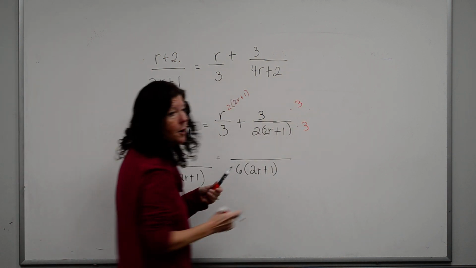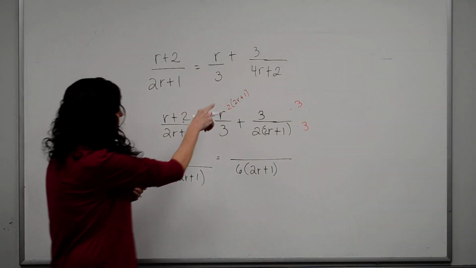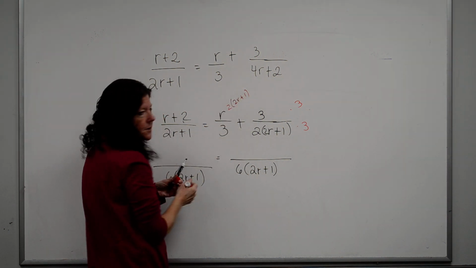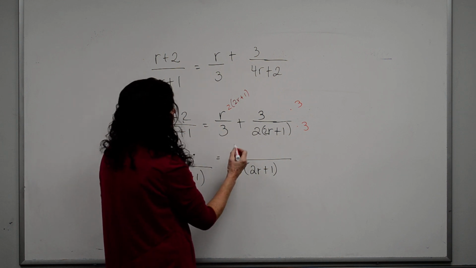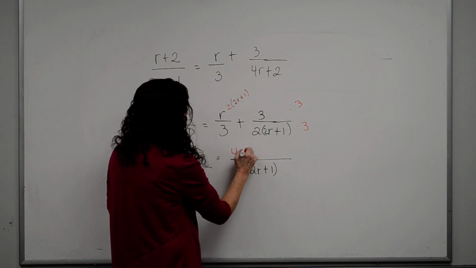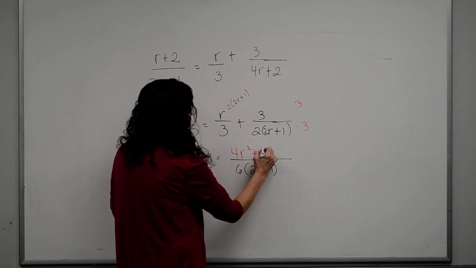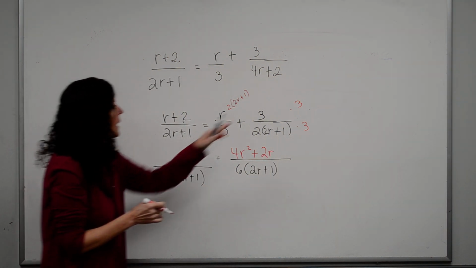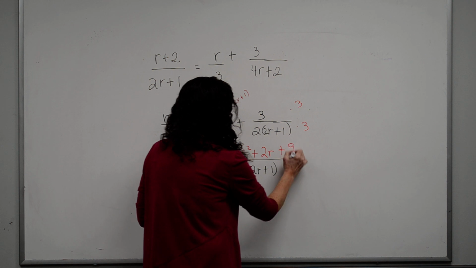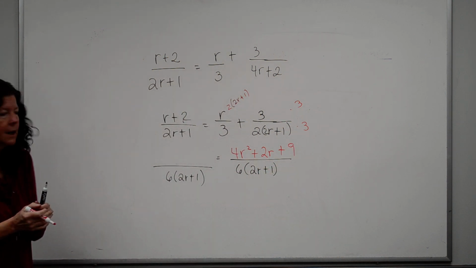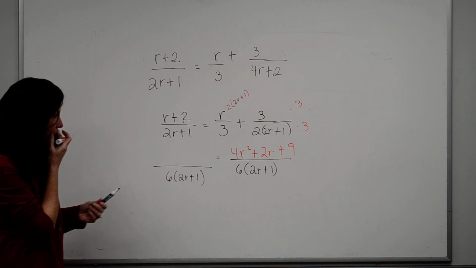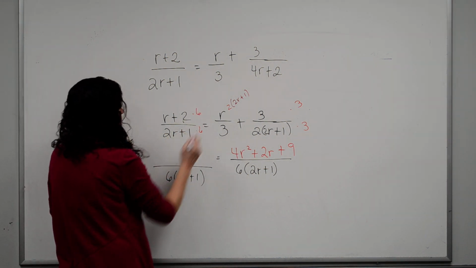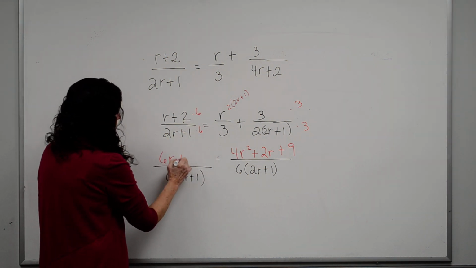But I've already got the 2r plus 1, so when I do this side, that's like multiplying by 4r plus 2. So that's going to be 4r squared plus 2r, if you multiply that all out. Over here, I get a 9. What am I missing here? 6. So I have to multiply the top and the bottom by 6. So that's 6r plus 12.